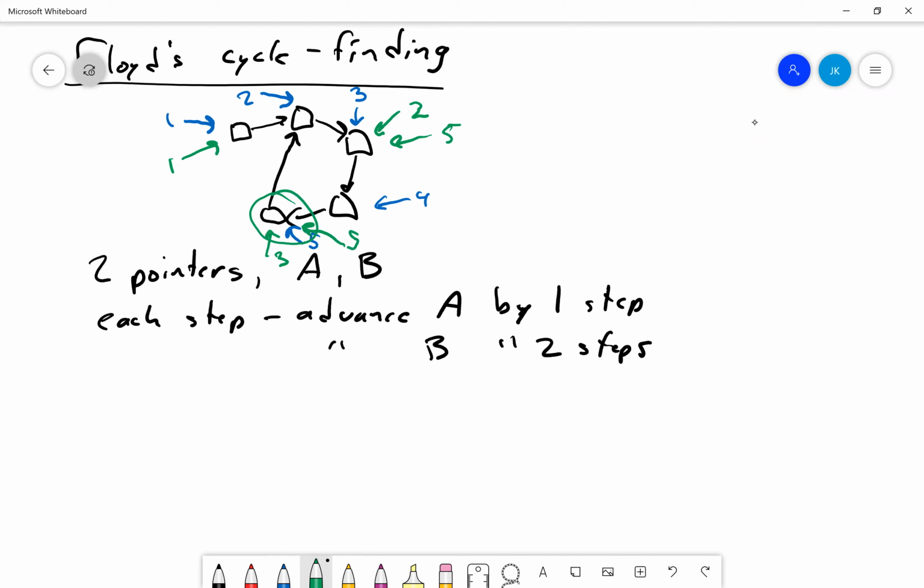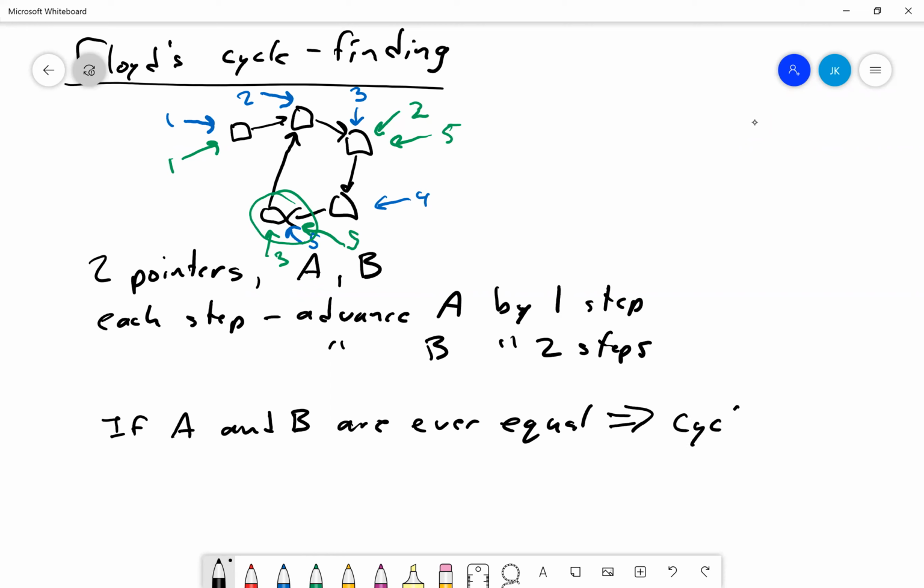Okay, and so that will tell you how long it took in order to actually find the point at which the cycle repeats. So the fact that A and B, if they ever line up, so if A and B are equal, this will imply that you have a cycle.